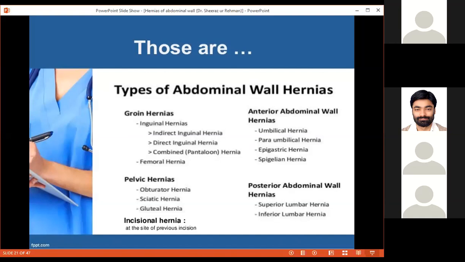So if a patient comes with a swelling, thoroughly examine it, because a patient could have a hernia at the back also. The patient could have a superior lumbar hernia and inferior lumbar hernia. And then pelvic hernias are there, in which a patient could have obturator hernia, sciatic, gluteal hernia, and there are incisional hernias, and there are internal hernias as well.